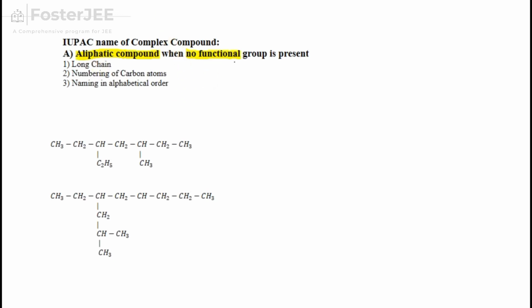Now the second one is the numbering of carbon atoms. For numbering the carbon atoms, the first substituent group attached to the carbon chain should get the lowest number.